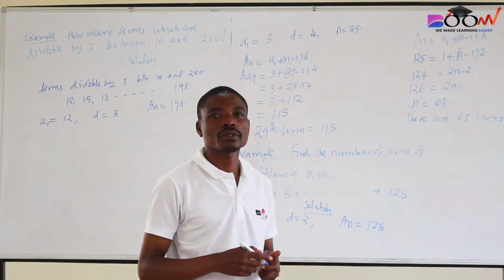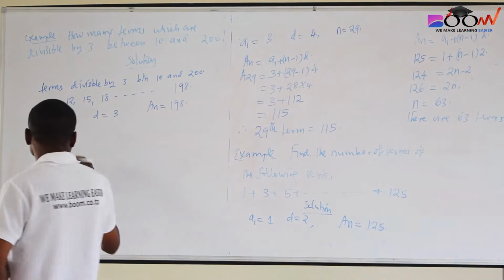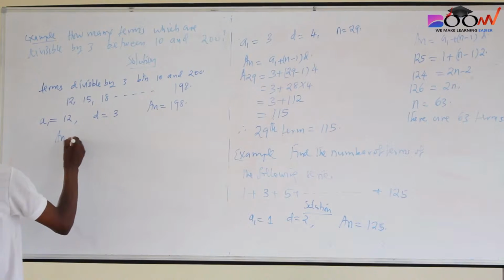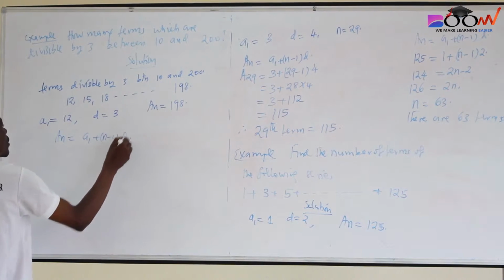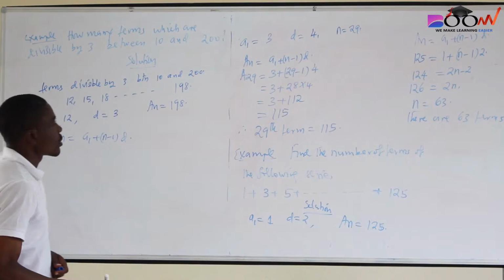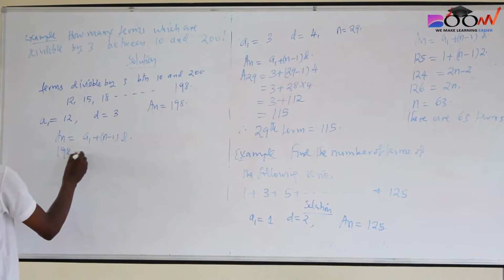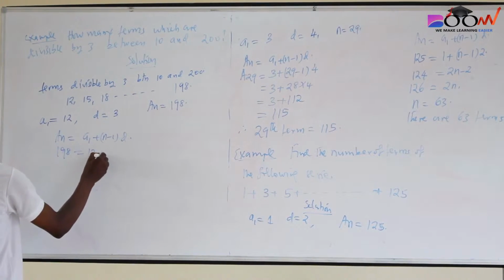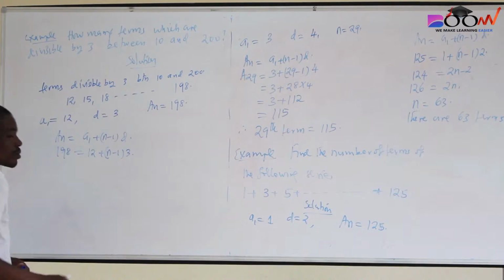What will be the number of terms? In that case, an is given by a1 plus (n minus 1) times our common difference, where our last term is 198, the first one is 12, we don't have n, and our common difference is 3.